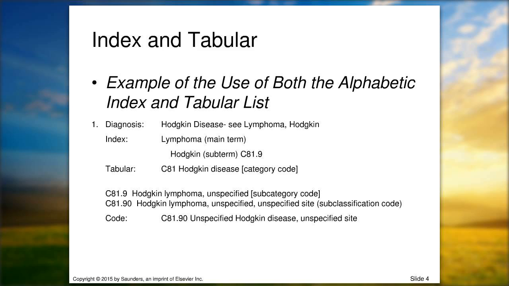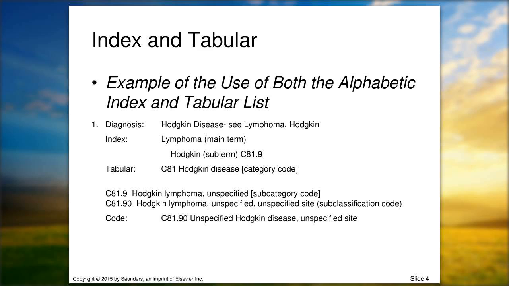Then as you read down through 01, 02, 03, you'll notice that each one has a different region or site: head, face, neck, intrathoracic, intra-abdominal, axilla and upper limb, inguinal region and lower limb, intrapelvic lymph nodes, spleen. So every additional digit to the code gives us a different site to choose from.